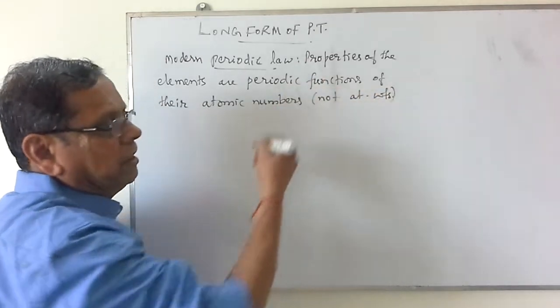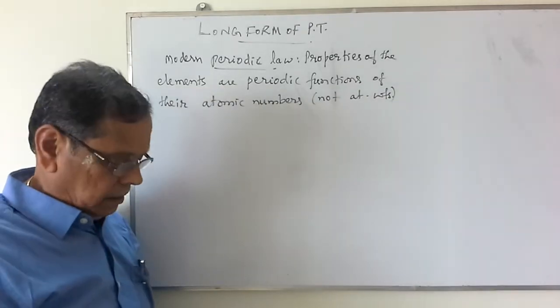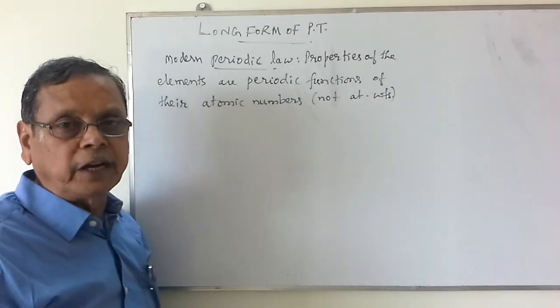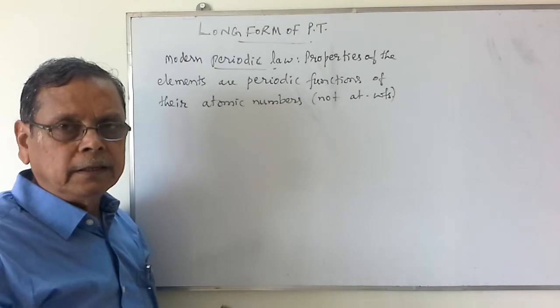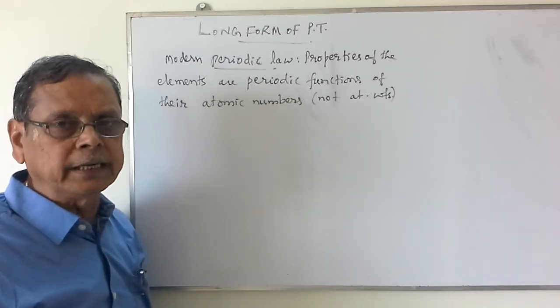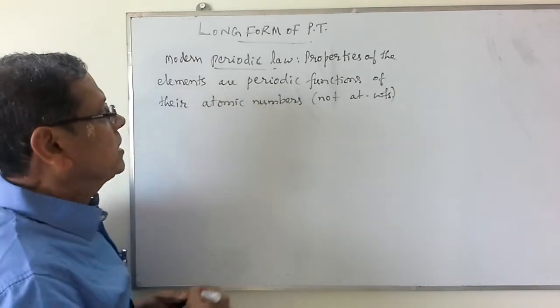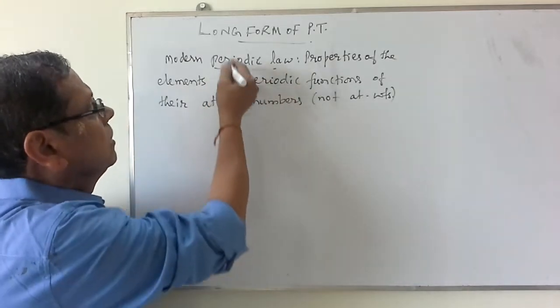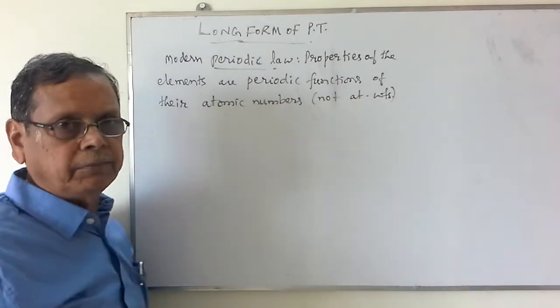This is based on Moseley's experiment that the square root of the frequency of the X-ray is directly proportional to atomic number but not related to atomic weight. So based on this modern periodic law, we have this long form of the periodic table.